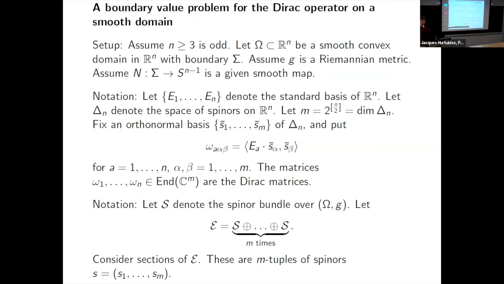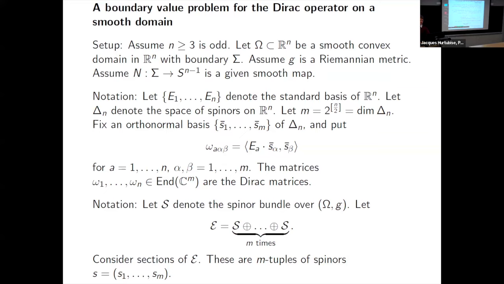Okay, and so then let's define Delta_n to be the space of spinors on R^n. This is a finite dimensional vector space, and the dimension is 2 to the integer part of n/2. Let's say we pick an orthonormal basis, and then we can consider these matrices omega_1 to omega_n. They are given by Clifford multiplication of vectors in the standard basis of R^n, taking the Clifford product with the elements of the orthonormal basis of spinors.